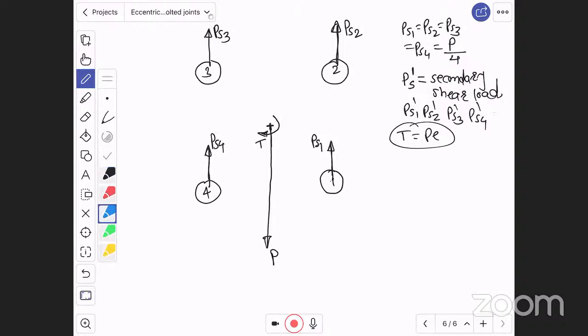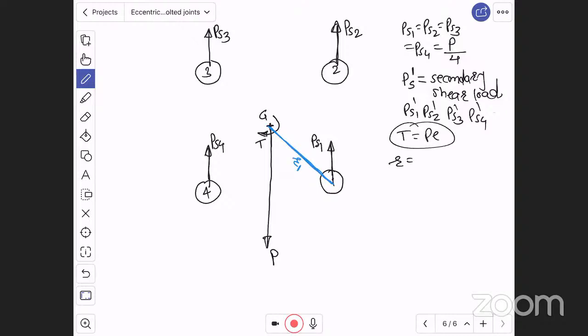First of all, we have to see the radius. Radius R is the distance from the center of gravity to the center of the bolt. R1 is from G to the center of the first bolt, the radius of the first bolt from the CG.